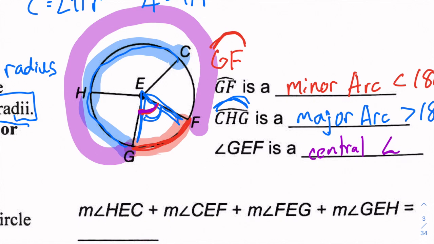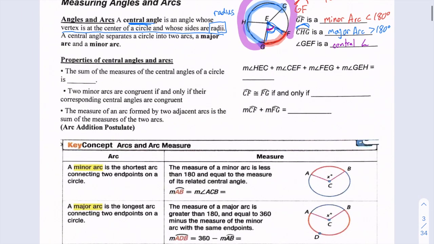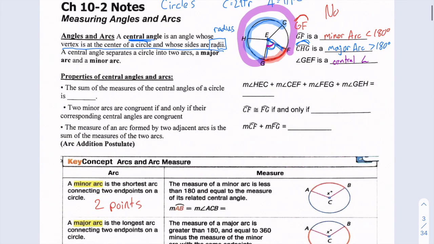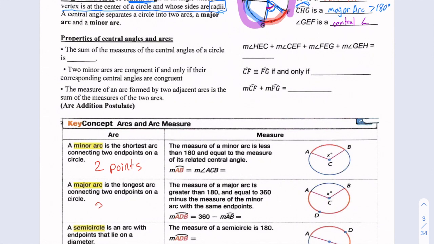The answer, in short, is just going to be no. The answer is no, okay? When we talk about a minor arc, okay, I'm going to spoil it a bit. In this box here, when we talk about a minor arc, it always has 2 points, okay? 2 points. As in GF, that is just 2 points, so it's going to be a minor arc. To designate a major arc, we're going to use 3 points, okay?